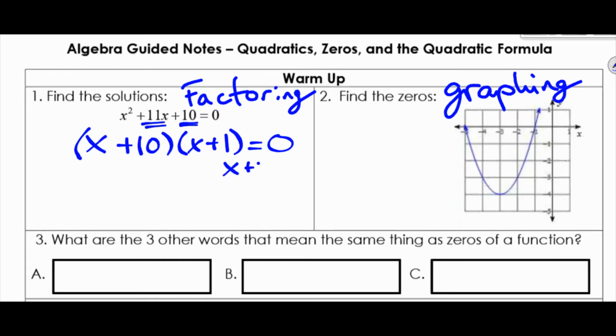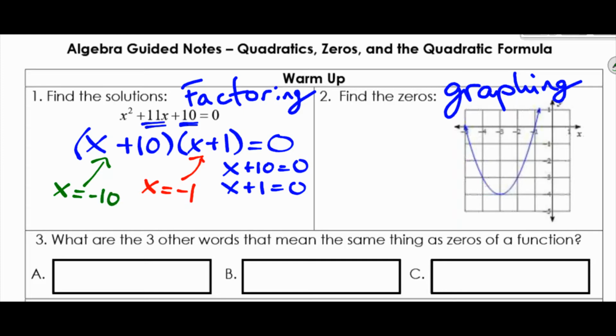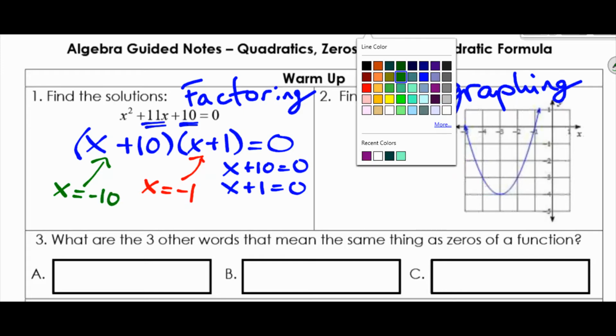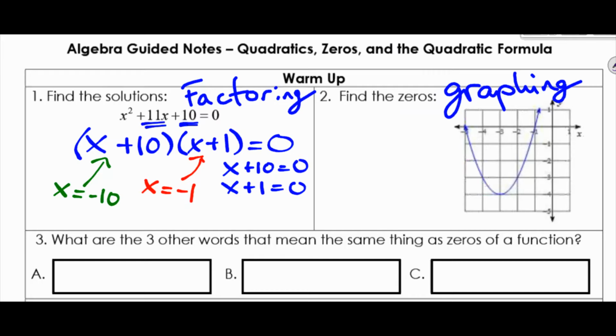Well, it's basically just the opposite sign here. A negative 1 would make that factor equal to 0, whereas a negative 10 would make that factor equal to 0. So my two solutions, or my solution set, is negative 10 and negative 1.